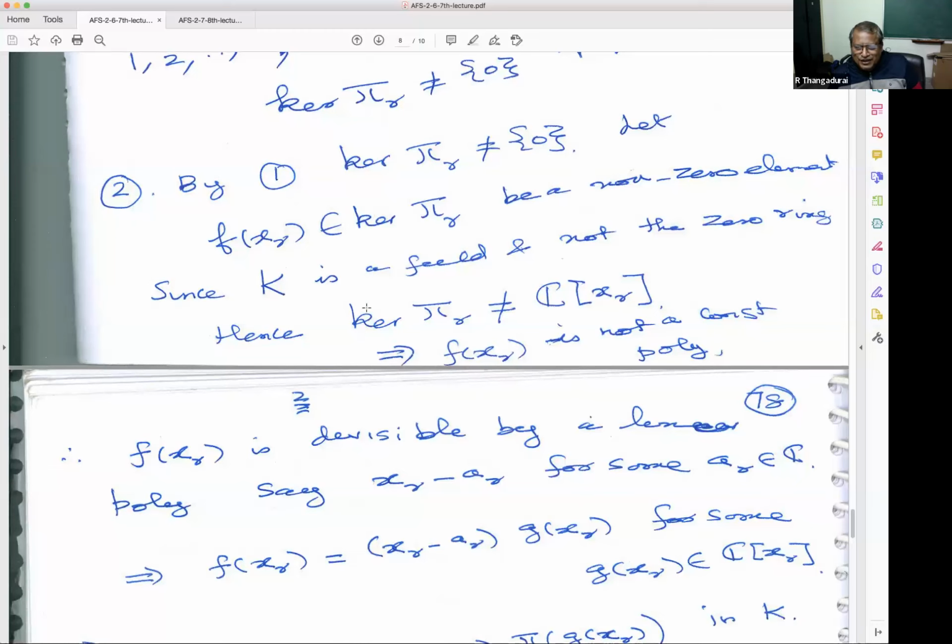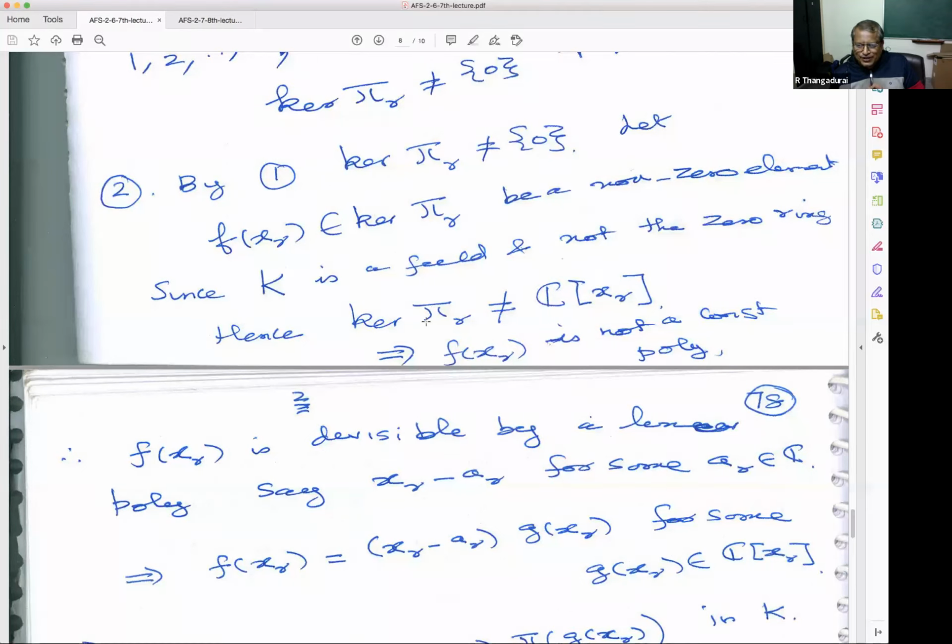Because if we have to prove that something is a maximal ideal, we need to prove that this kernel cannot be the unit ideal. K is a field and it is not a zero ring. Why is this not a unit ideal?